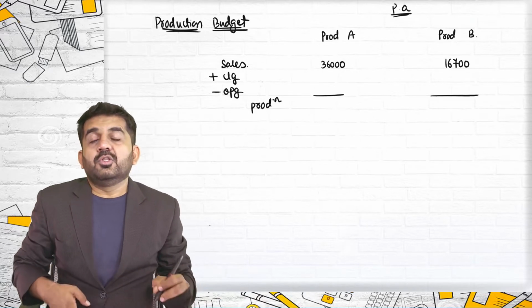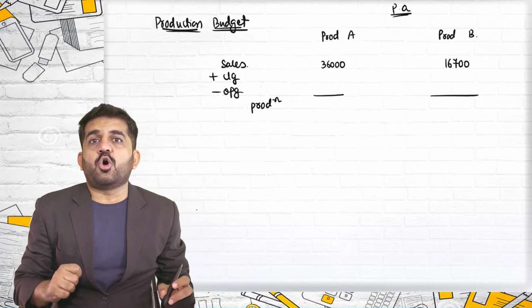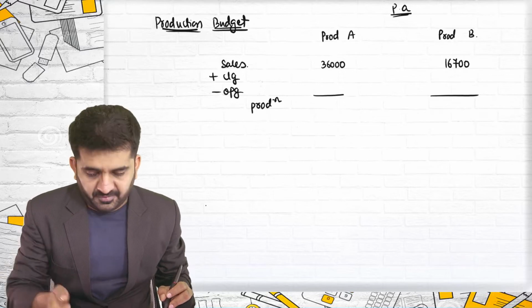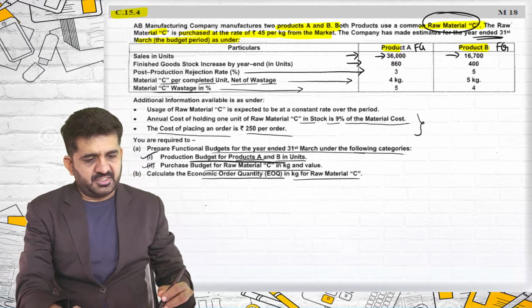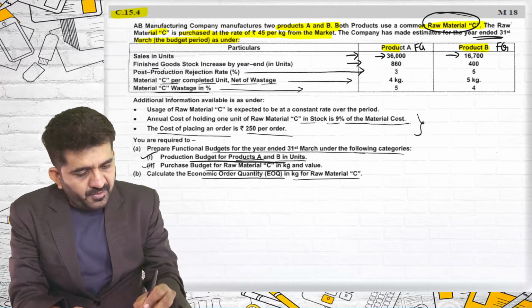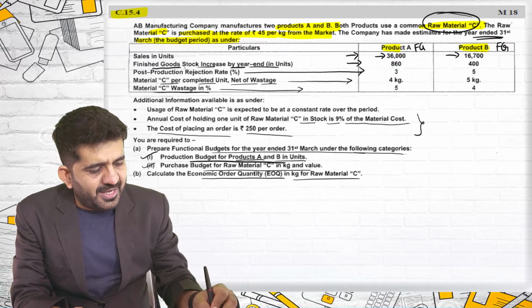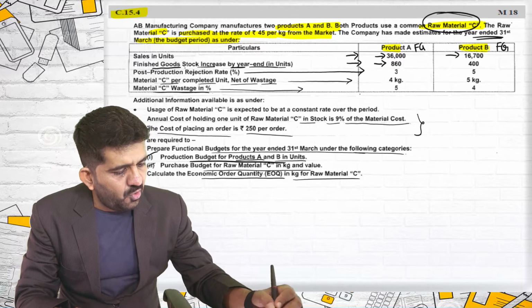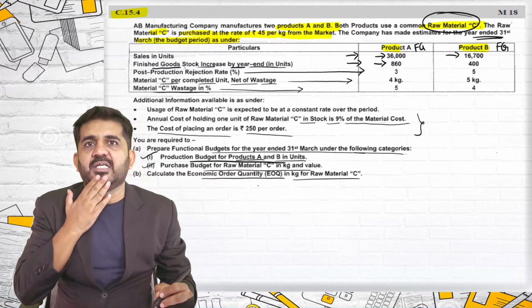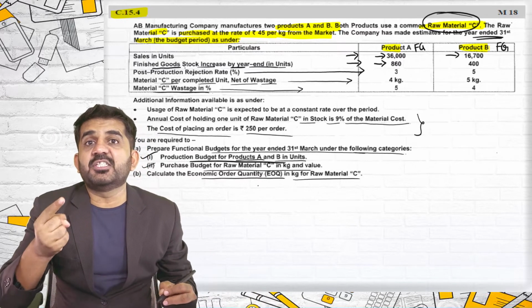Now, the problem is opening stock and closing stock are not given. But what is given is this. Finished goods stock increases by year end of 860 units. See, what does this mean?